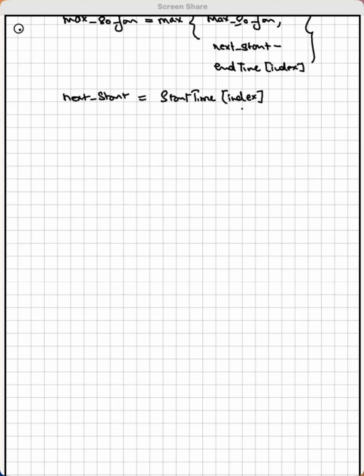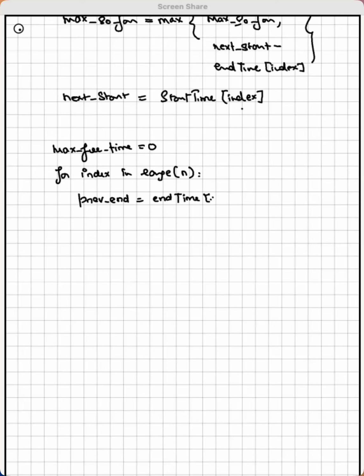Okay, now let's leverage that and check what is the maximum window possible. So max free time, let's say, is the variable that I'm using to find the maximum possible window. I will go from index in range, it will go from 0 to n minus 1, and I will say my previous end is equal to end time of index minus 1 if index minus 1 is greater than or equal to 0, obviously, right?